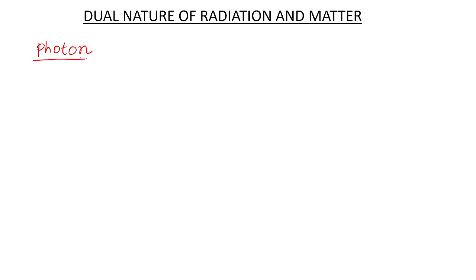Photon, listen, light is actually in the form of photons. For example, there is a lamp. If light is emitted from this lamp, the light is actually a flow of photons. Yes, it is a flow of energy packets, which is said to be the photon.